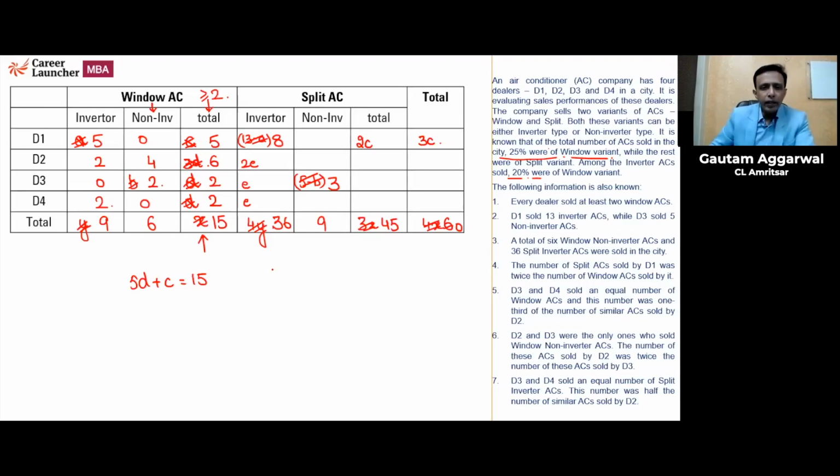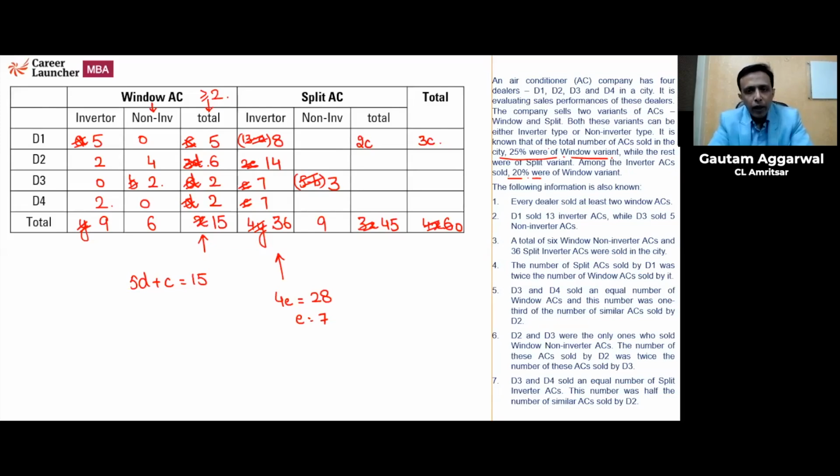So we can understand again here, we already had 8. So remaining 4E should be equal to 28. So the split inverter AC sold by D3 and D4 has to be 7 each. And this would turn out to be 14. Fine. This sounds very clear.